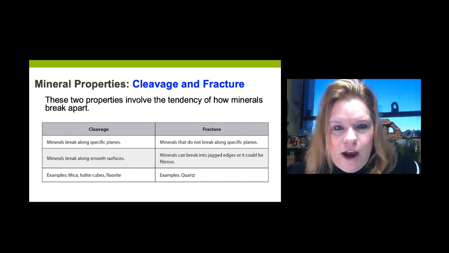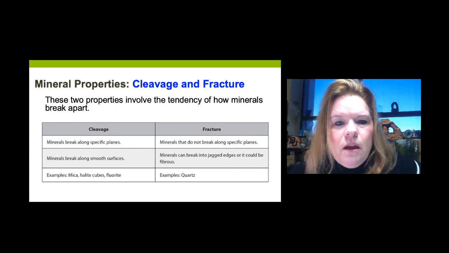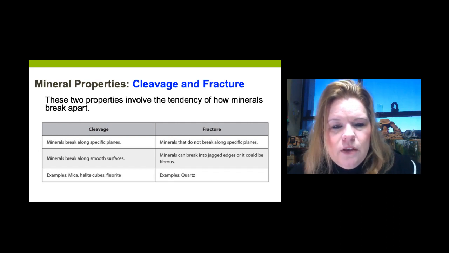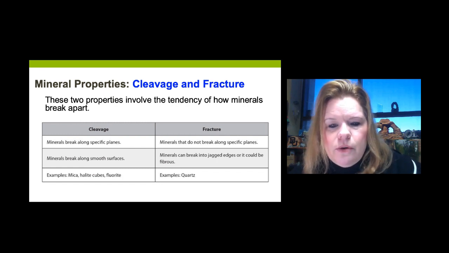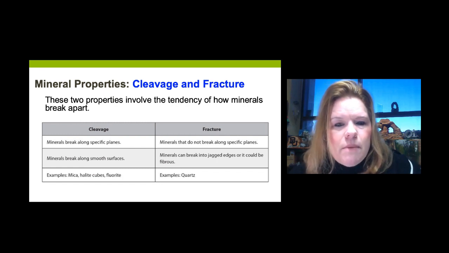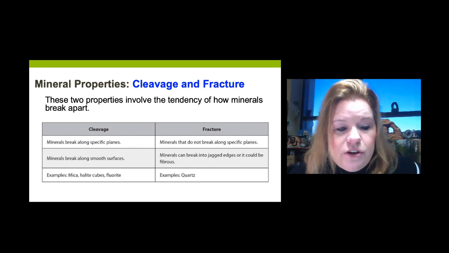Cleavage and fracture refer to how minerals break apart. We're going to go through each one individually. This table is in your book, so I'm going to move on and talk about how they are different.